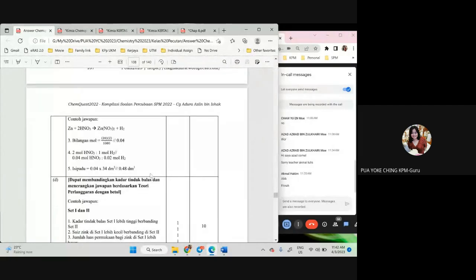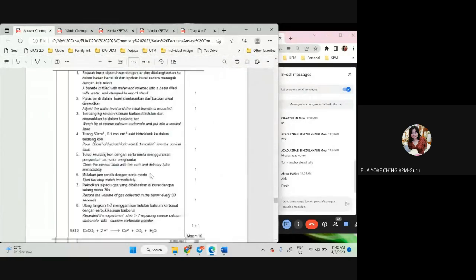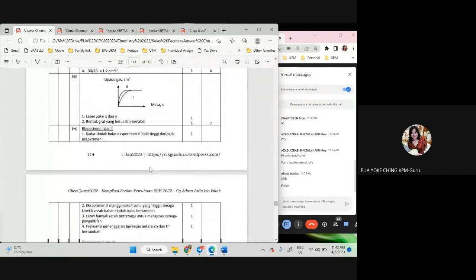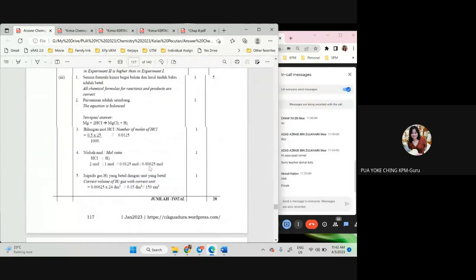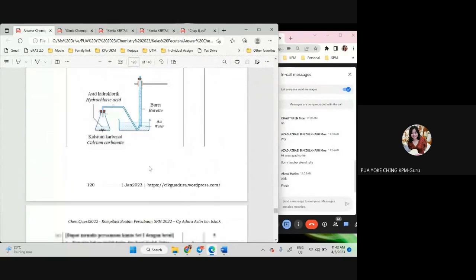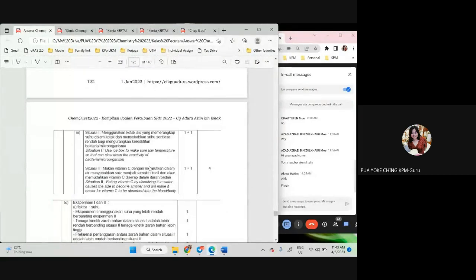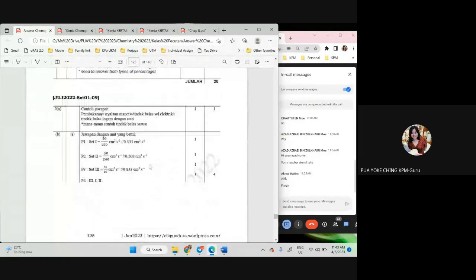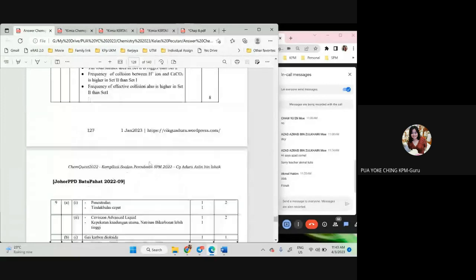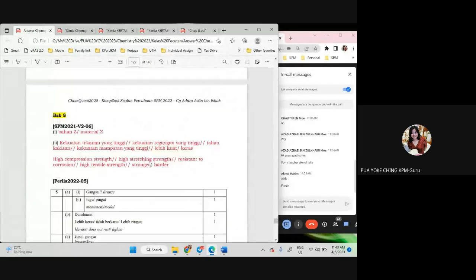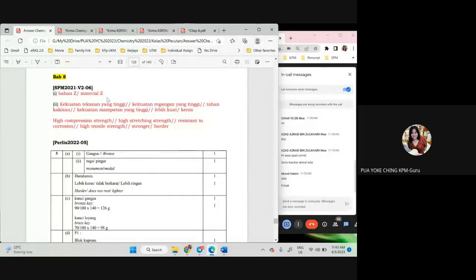Sekejap. Ibu carikan jawapan dia. Senang sikit. It must be mentioned harder and stronger. Dua-dua. Bukan satu saja. Sini. Z. Harder and stronger. Ini ialah yang lain lah.